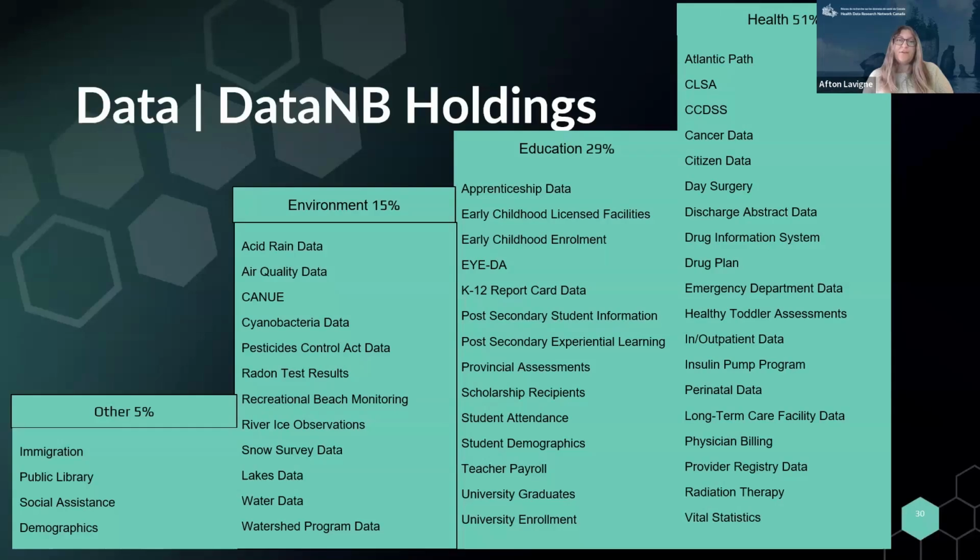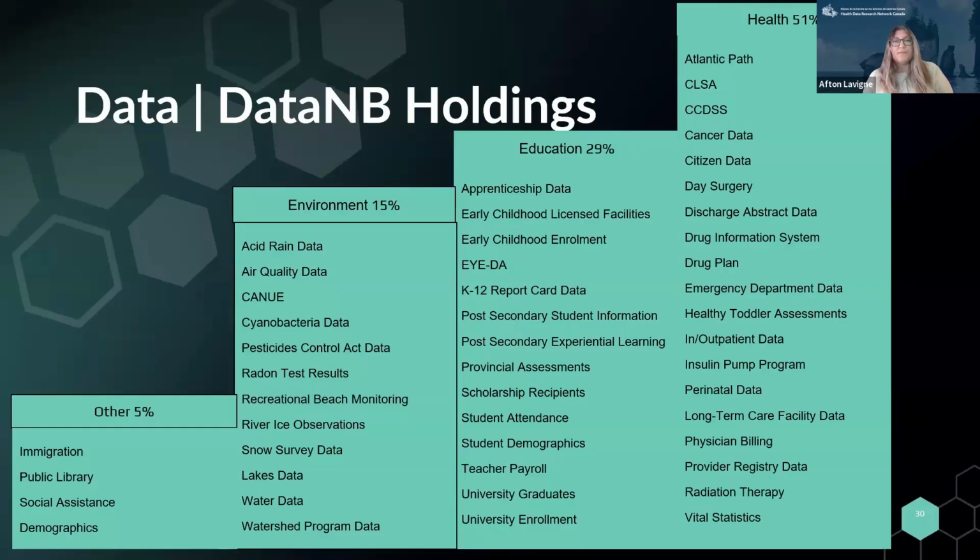The education category houses data from the Department of Education and Early Childhood Development, the Department of Post-Secondary Education, Training and Labour, the Maritime Provinces Higher Education Commission, as well as data from our New Brunswick colleges and universities, including 2 data sets from a private institution.